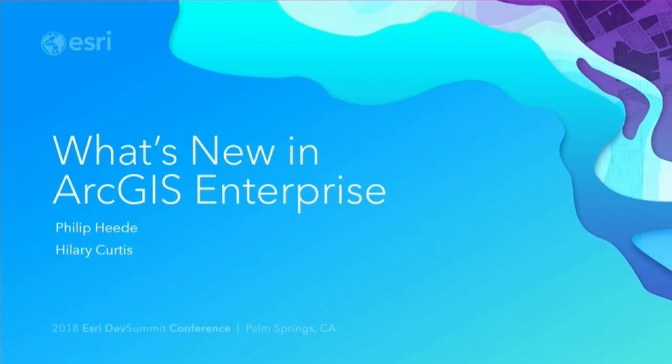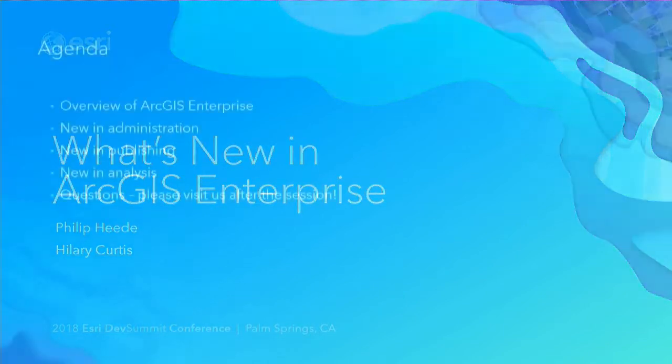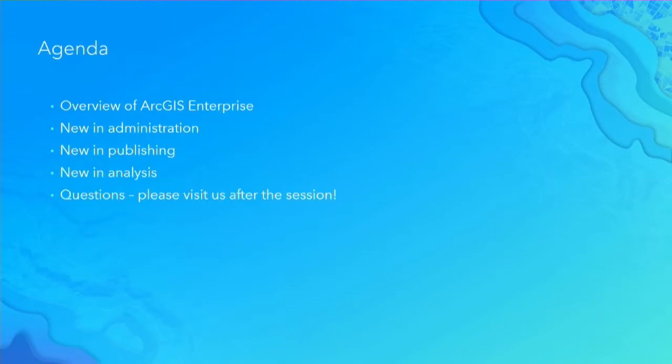Thanks everyone for coming, joining us after lunch. As Philip mentioned, my name is Hillary Curtis and I'm on the product management team with Philip and Shannon Kaliski. So I know Philip kind of gave an overview of what we're going to touch on today, but I thought I'd break it down a little bit further. So I'll do an overview of ArcGIS Enterprise. It sounds like most of you are using some form of Enterprise.